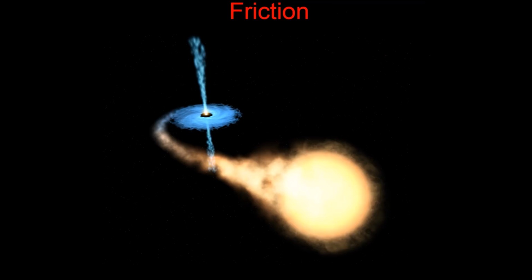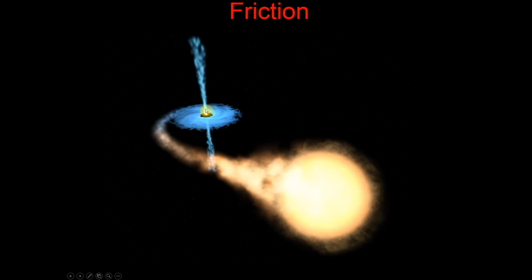At its most extreme, when we're talking about friction, we can look at something like the case of a black hole or the center of a galaxy which contains many black holes. And in this particular slide, we have a very dense black hole with another star as its companion. You can see it's pulling material off of this star, and that material is going to orbit around the black hole and fall into the black hole.